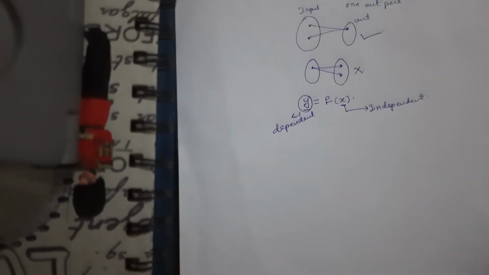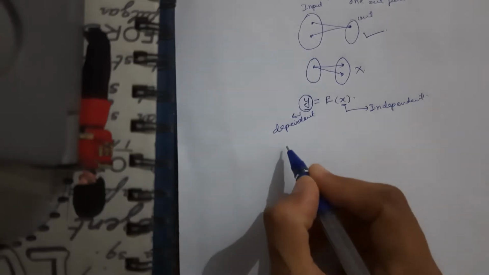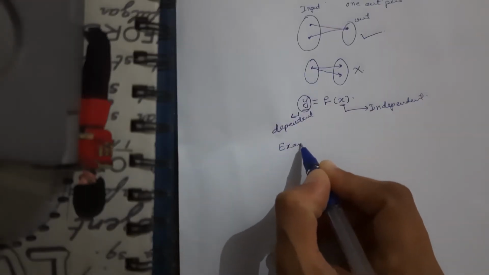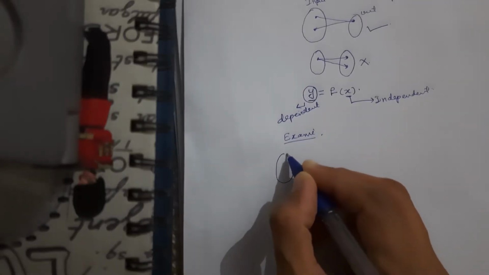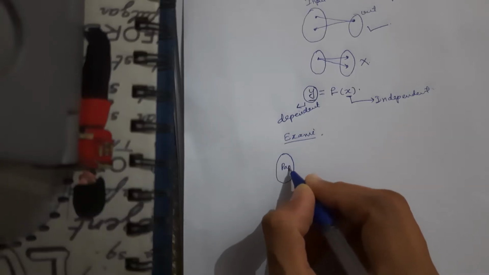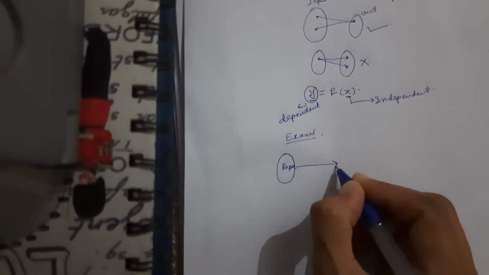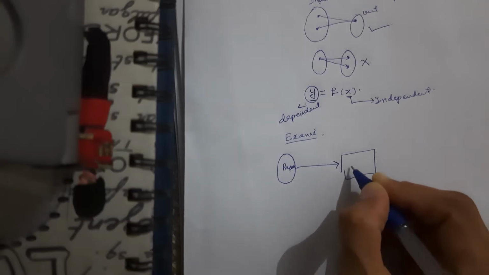Admission procedure example we have seen. Another example is your examination procedure. Whatever examination procedure you are facing, you write a paper here and you submit your paper. We have certain rules to check your paper.